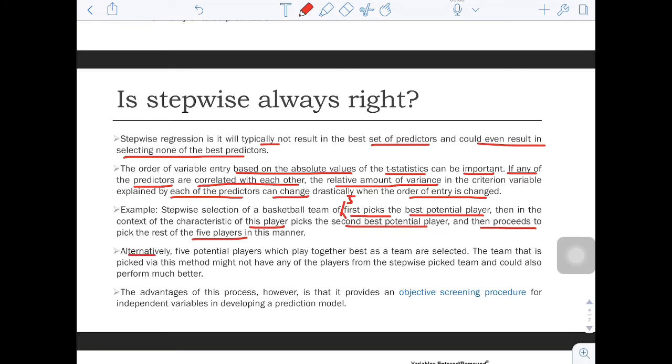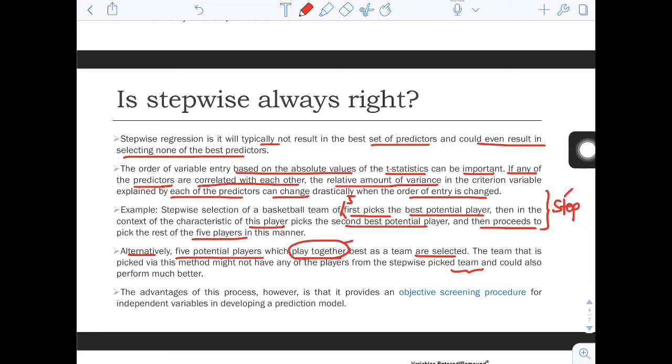Alternatively, the 5 potential players who play together best as a team are selected. The first is the scenario of the stepwise regression, but this is another option a coach who knows their team well can take, because playing together comes into the context. Will the stepwise regression include such a variable?